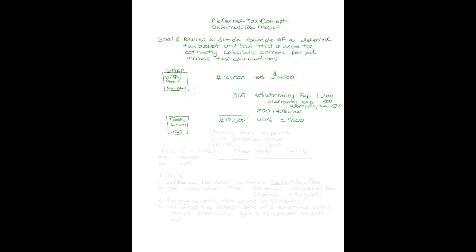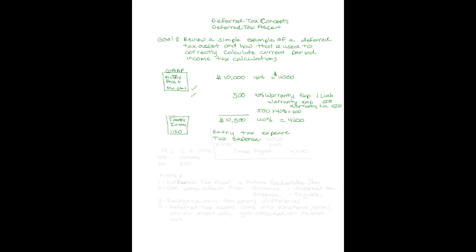Let's come up with our accounting entry then. Our entry to record our tax expense for the period. It would include a tax expense debit to be shown on our income statement, as we need a tax expense there.